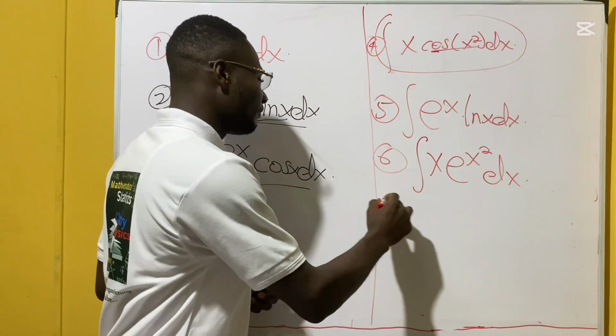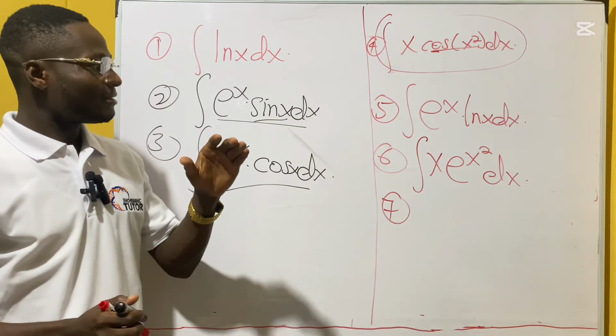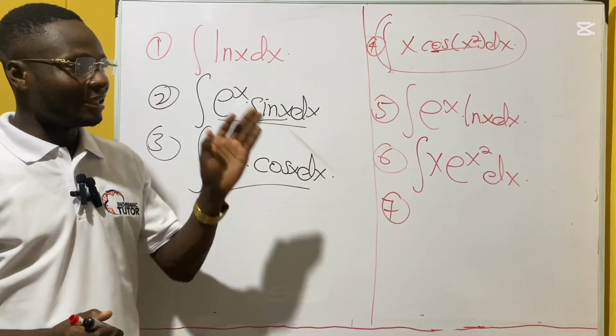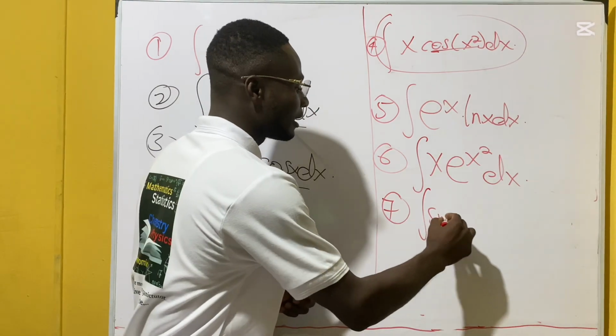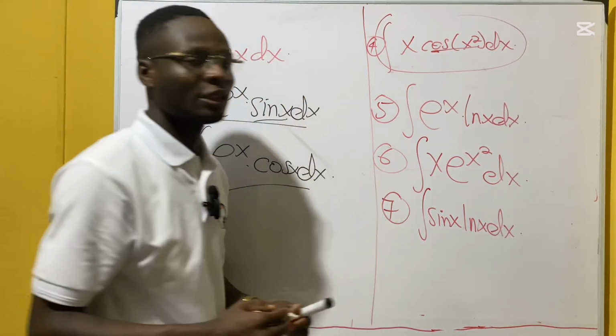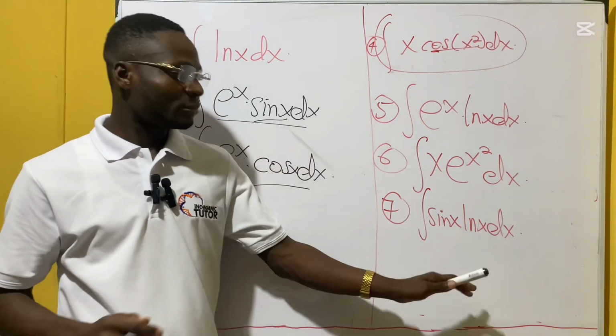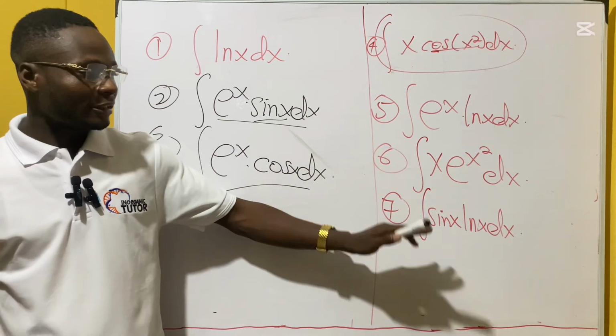And then we have the seventh function, of course, which is sine x and ln x. So when you have sine x and ln x coming together, don't attempt to use the tabular method to tackle this kind of problem.